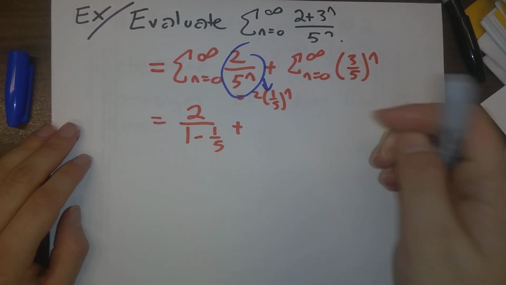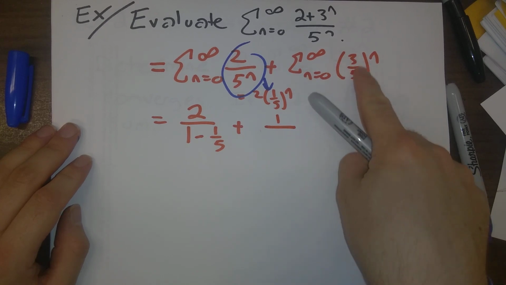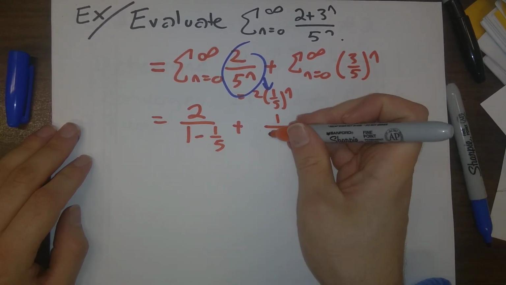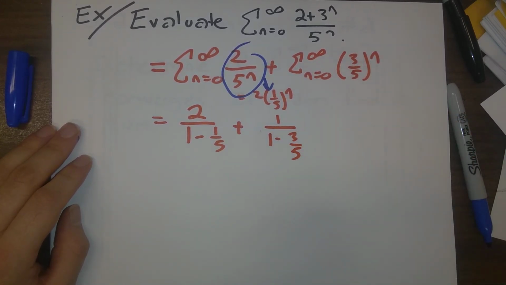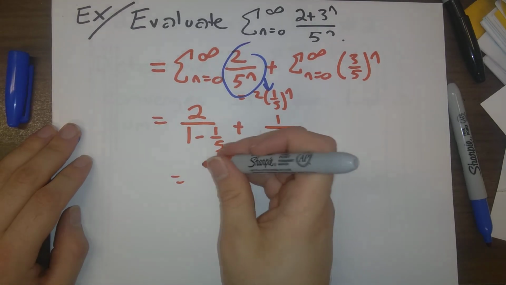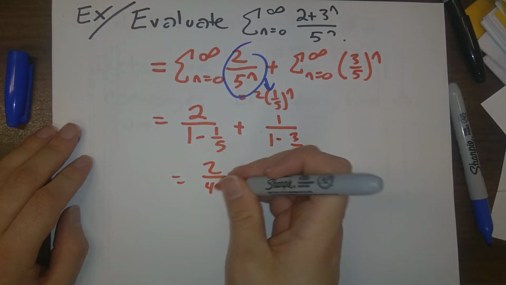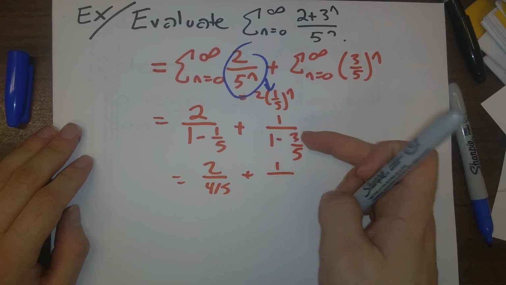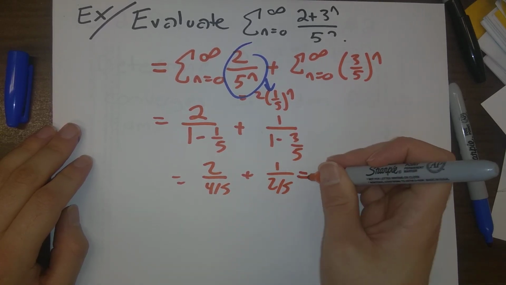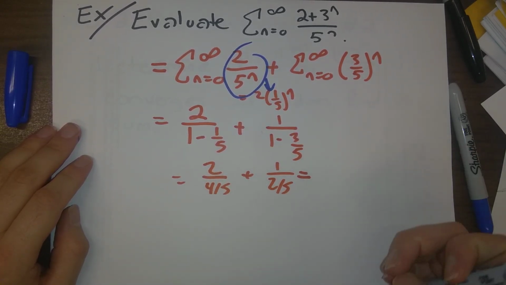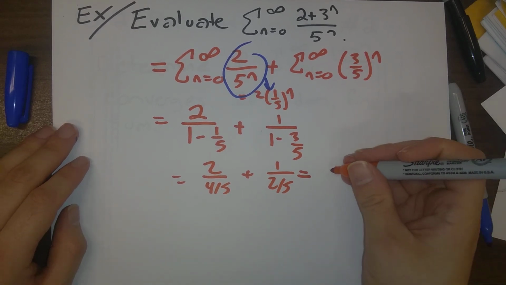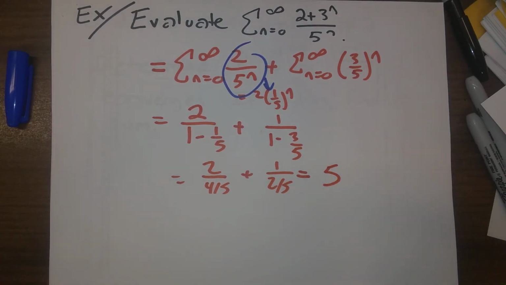When n is 0, this term is 1. And we can see that the common ratio is 3/5. We put that down here. So 2 divided by 4/5, plus 1 divided by 2/5. And when you add all of this together, you end up with 5.